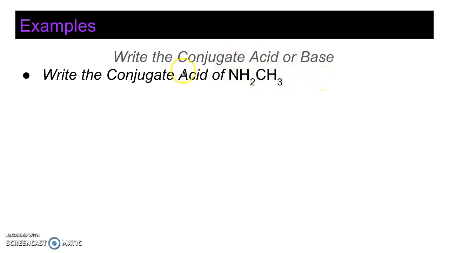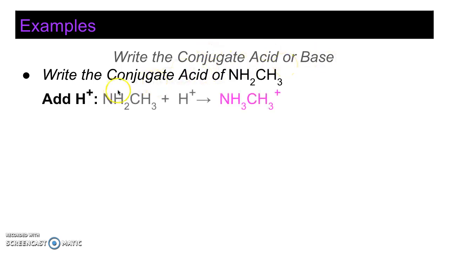All right, so if we're writing the conjugate acid of it, that must mean this is a base, because remember, bases produce conjugate acids. So bases are going to accept a proton. So what we're going to do is add a proton to it and see what we get. If we take NH2CH3, we're going to add a proton. That proton is just going to change the number of hydrogens here, not on the methyl group.